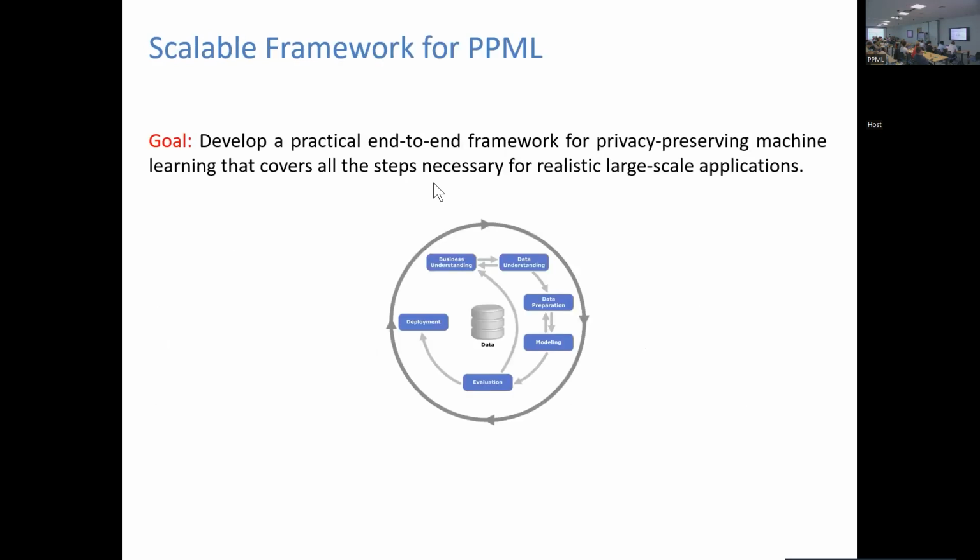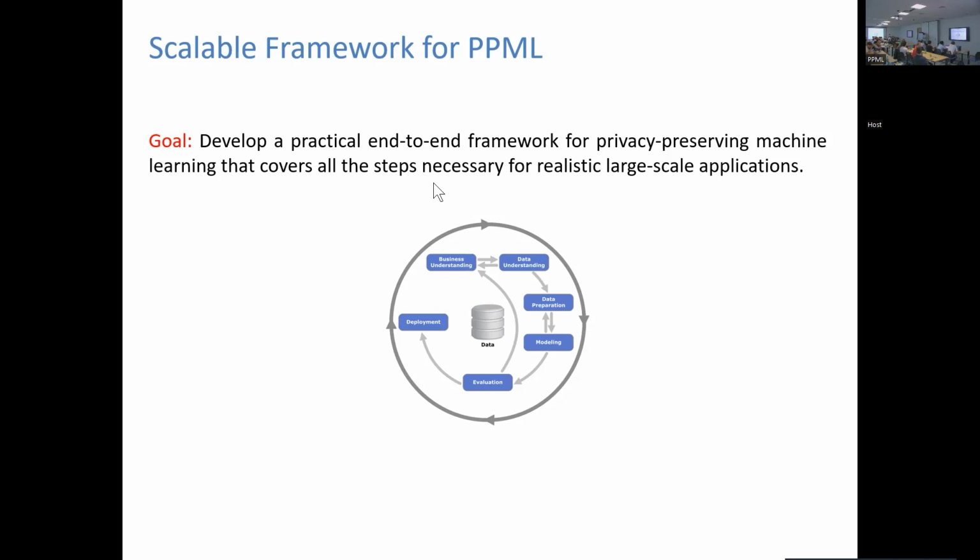Okay, and my final slide here. We were talking about secure training, secure inference, all these kinds of things, but if we really want to deploy some large-scale framework for privacy-preserving machine learning, we need something that's end-to-end, that covers the whole ML pipeline. So there are many open problems there.